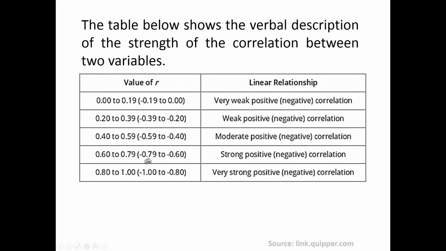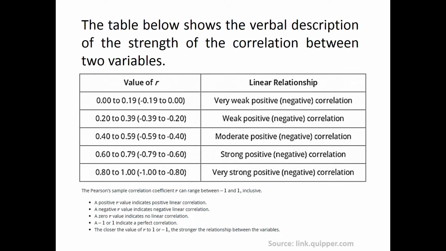And then from 0.60 to 0.79 will have strong correlation. Okay? Remember, so kung tumungtong na ng 0.6, 0.60 to 0.79 will have strong positive correlation. And if 0.8 na, or 0.80 to 1 will have very strong correlation.